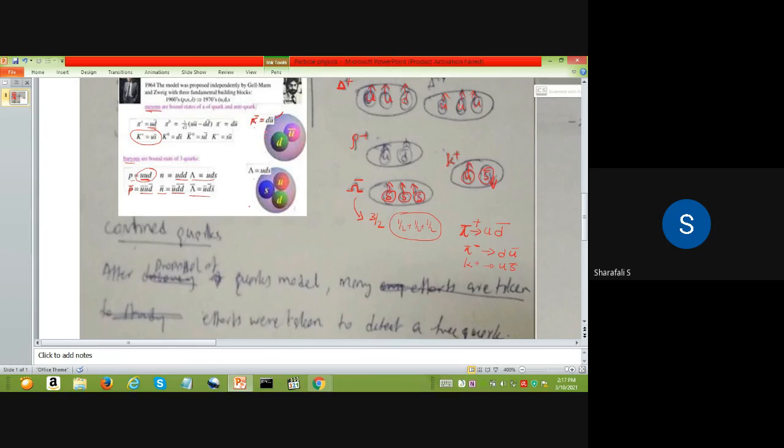This whole thing is the pi minus. Similarly for lambda we have U, D, S. So we have three quarks confined in this particular volume, and that forms the lambda particle.